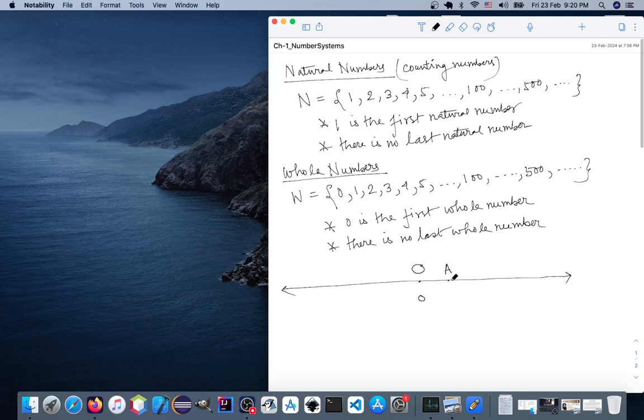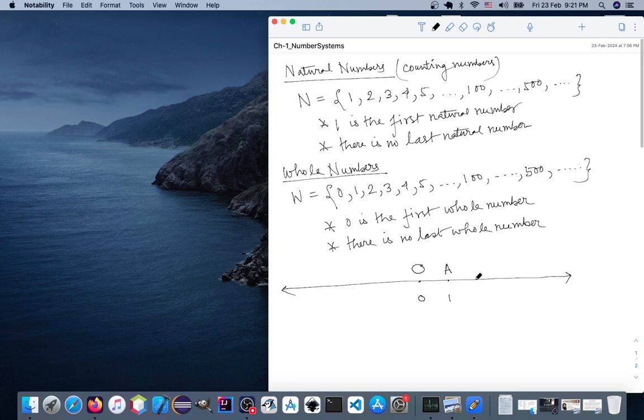by labeling them on the number line with points equidistant from each other. So from O to A, it's equidistant. The distance is 1 unit. So the point A denotes the natural number 1, and its distance from point O is 1 unit.